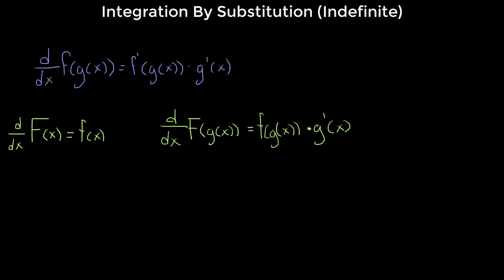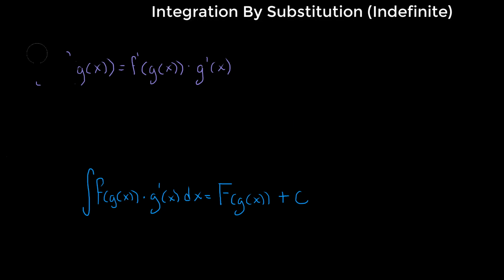And so what this means is that if we were to perform the indefinite integral of f of g of x multiplied by g prime of x with respect to x, this would give us big F of g of x plus c, because remember, plus c is included with all indefinite integrals.